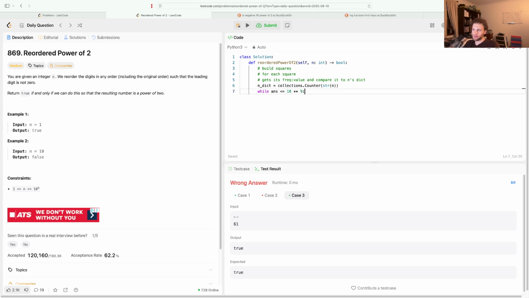So essentially, what we're saying here is that while ans is less than or equal to 10 to the 9th, because n can never be greater than 10 to the 9th, and ans is going to equal the current square value, I think. So square starts at 0.